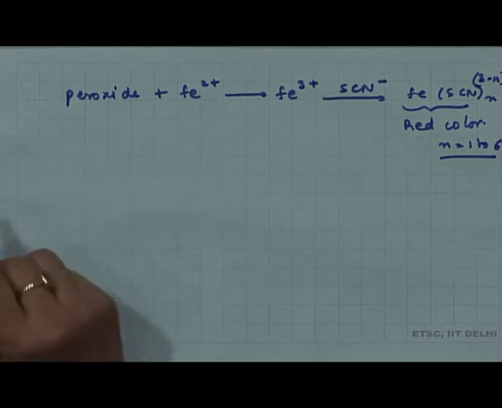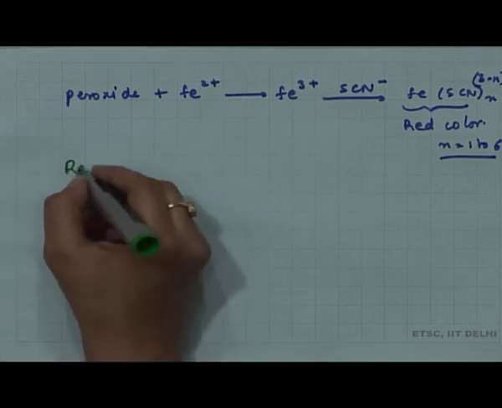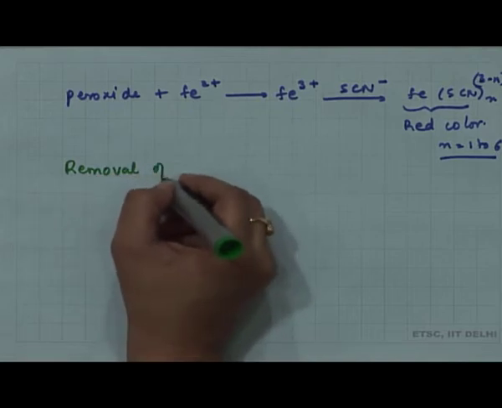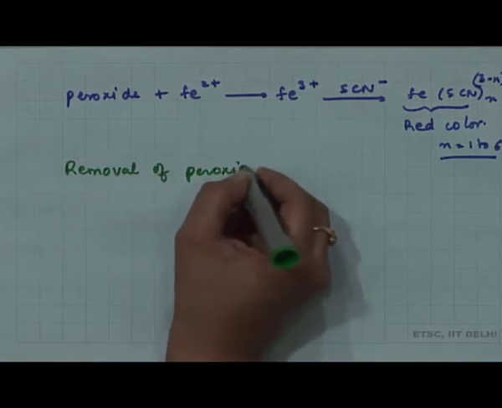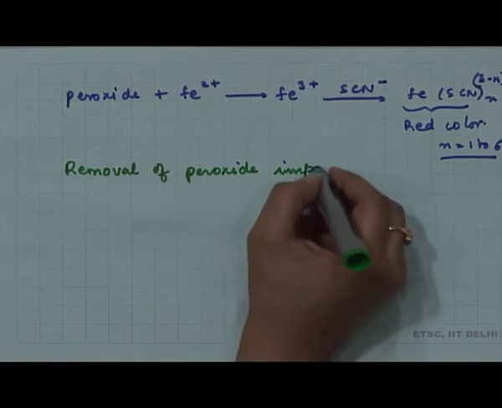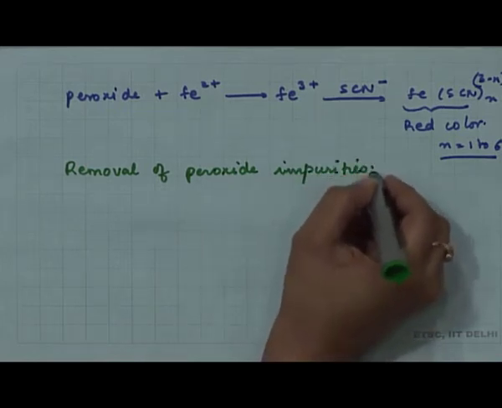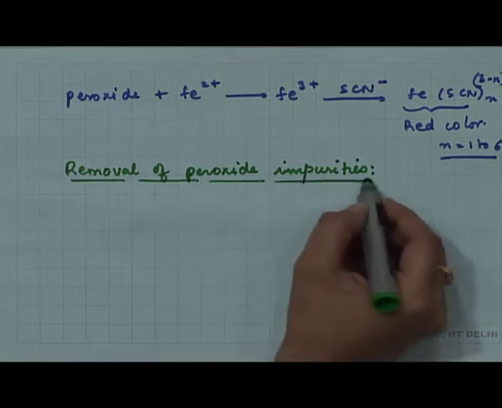Now, how to remove the peroxide impurity? The removal of the peroxides from the ethers is important in order to avoid any accidents when you are using ether as a solvent.